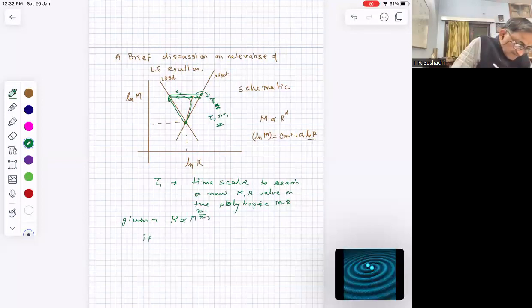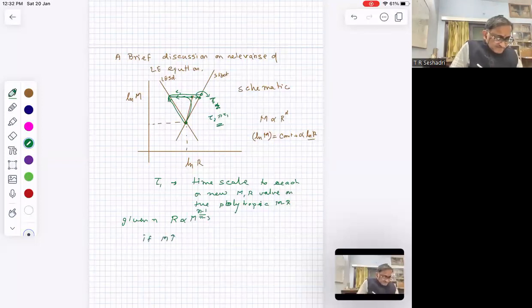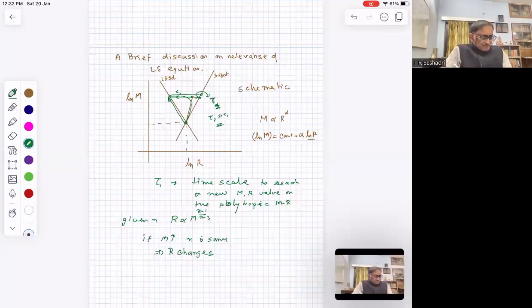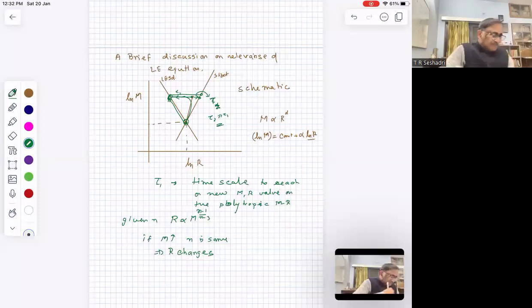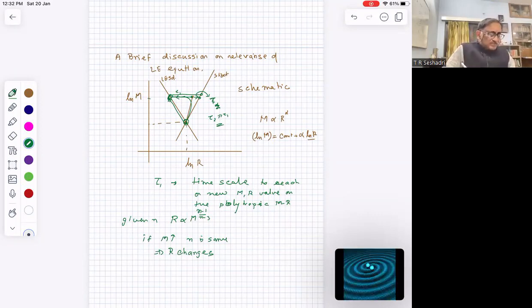If M increases and n is the same, it implies R changes, increasing or decreasing depending on the value of n, right? So it goes ultimately from here to here, another value. This is the mass, this is the radius. But now the question is, what are the time scales involved?